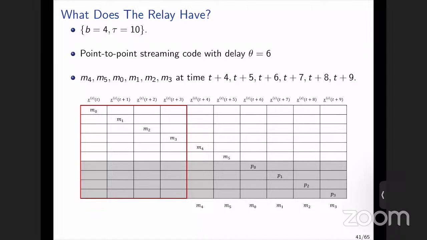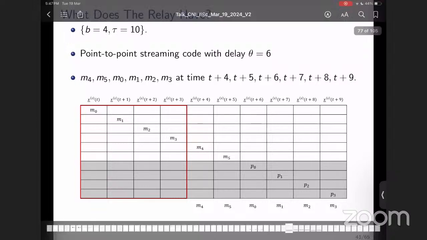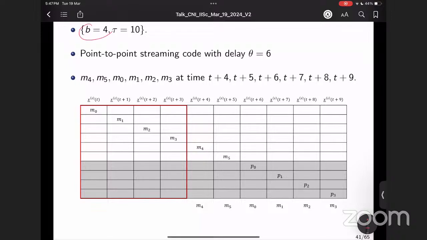Now let's assume that in the source to relay link, a burst has happened on time slots t, t plus 1, t plus 2, and t plus 3. Recall that b is equal to 4, so bursts can have length at most 4. So these 4 packets are erased: Xt, Xt plus 1, Xt plus 2, Xt plus 3. These are all erased.